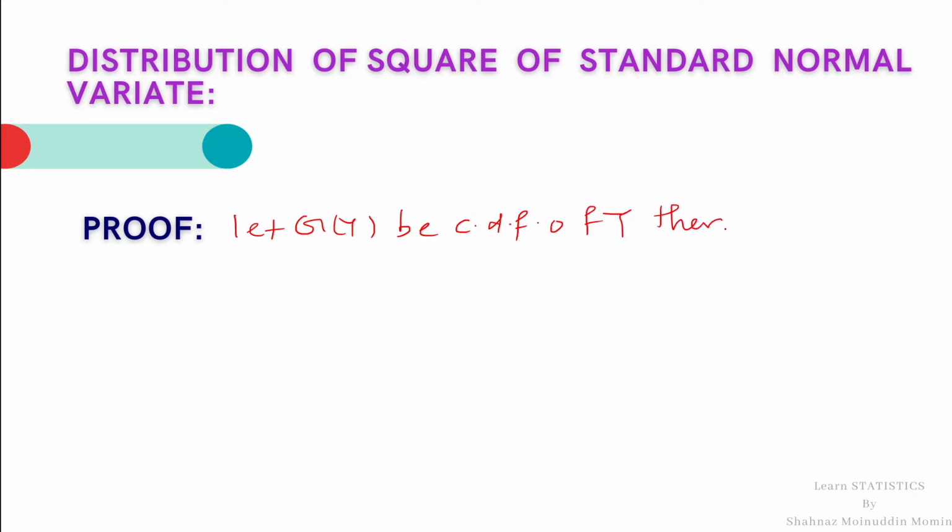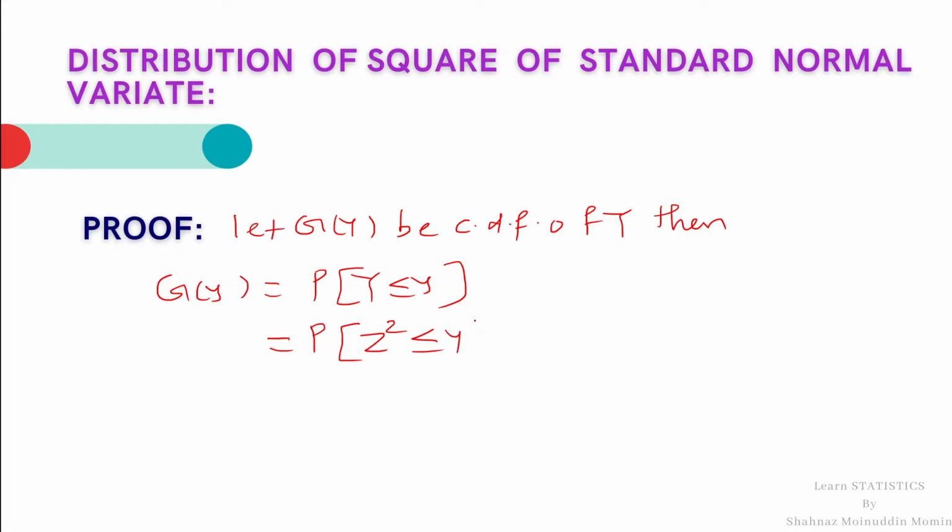Then gy is given by probability of y less than equal to y. We know that y equal to z square, so it is probability z square less than equal to y. By taking the square root both sides, we get probability minus under root y less than equal to z less than equal to under root y.